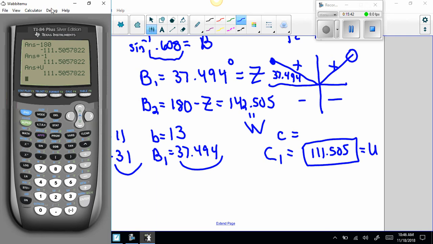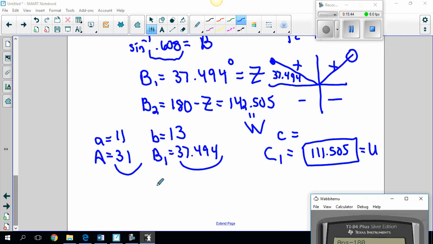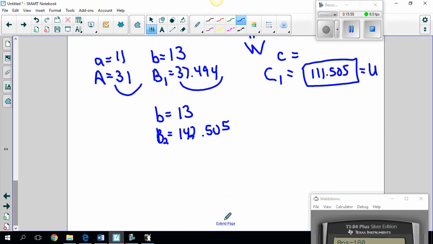Now, before I continue, this is the hard part. We got another triangle going. B2 is 142.505. And you always go, please go over 180 degrees.